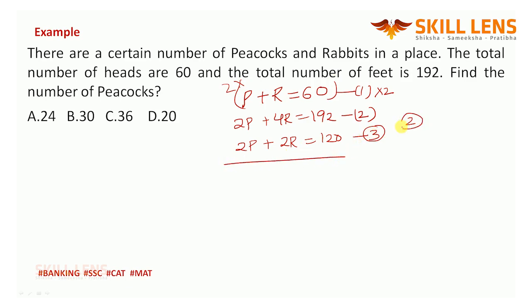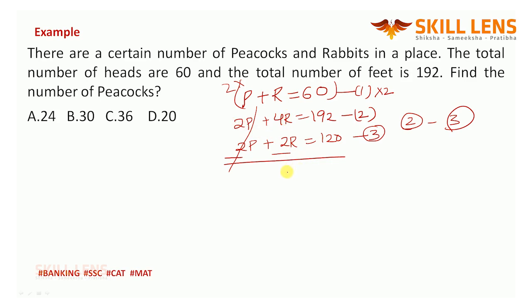If you do 2 minus 3, the peacock will get cancelled. You want the number of peacocks, so try to eliminate rabbits, because once you get rabbits you can get peacocks also.